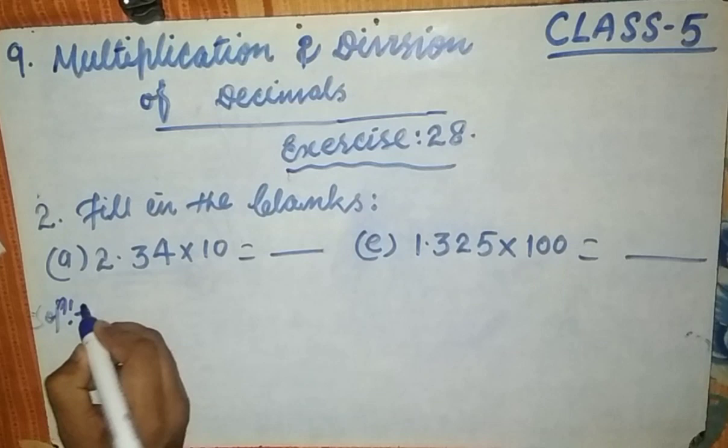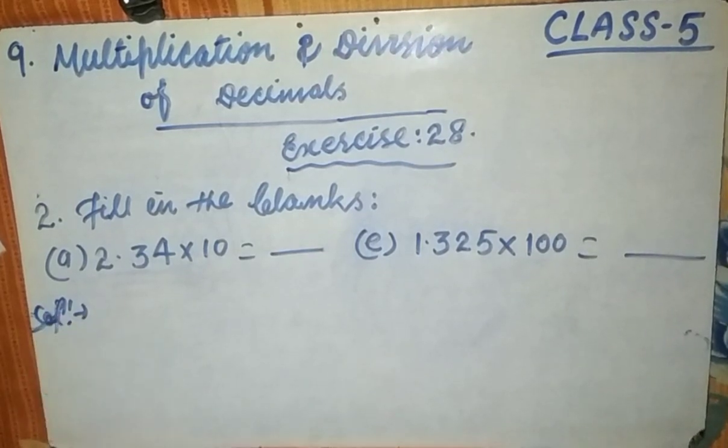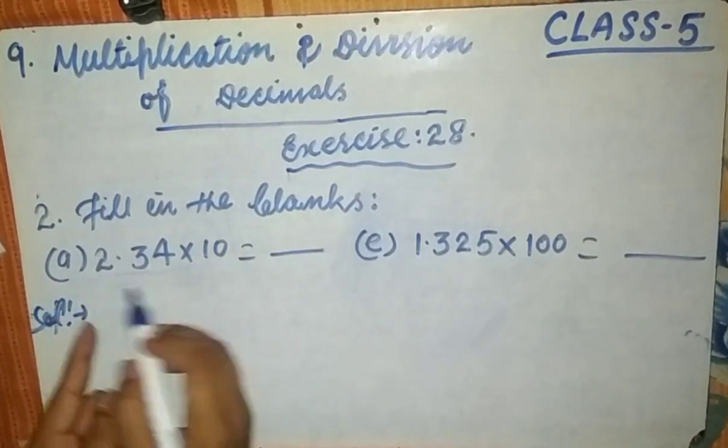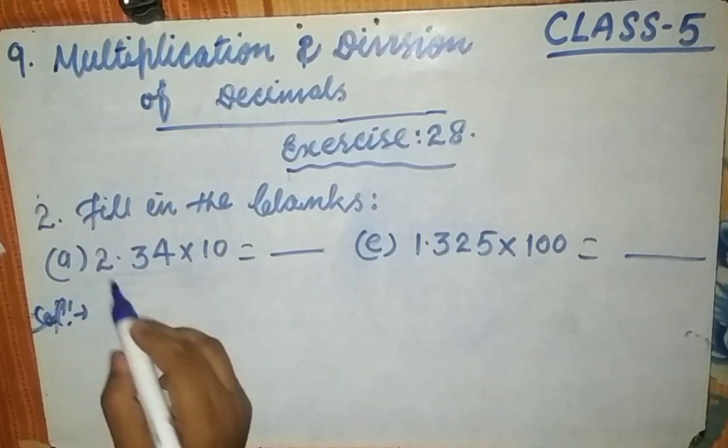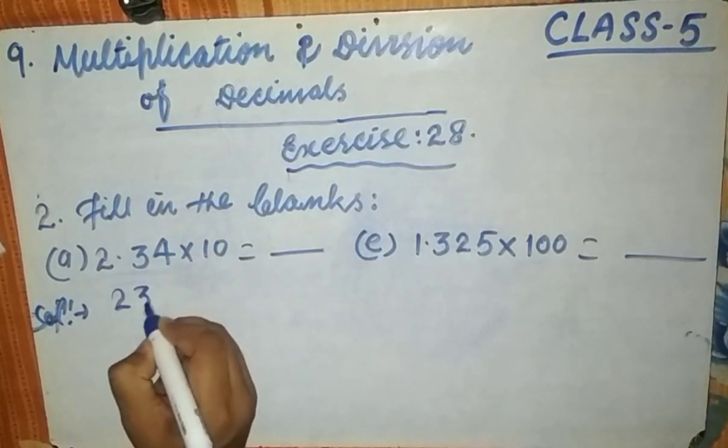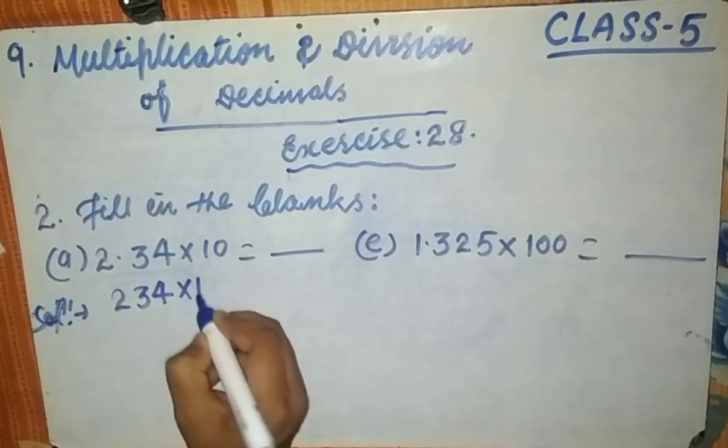And I have already told you just a couple of seconds ago, first we have to multiply their numerical values. Then afterwards we have to place the decimal, counting how many digits from the right hand side. Okay, this is the same question. Now first we have to multiply 234 with 10.